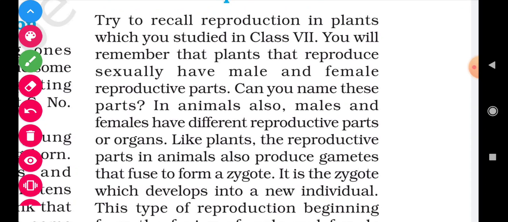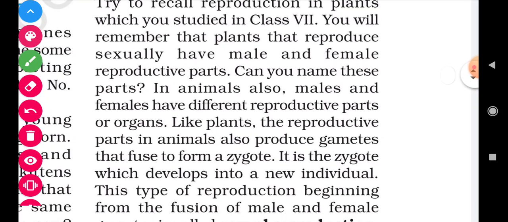Can you name these parts? Means whenever you studied reproduction in plants, there is a male portion and a female portion inside the plants. In a similar way, animals also have different reproductive parts or organs like plants.